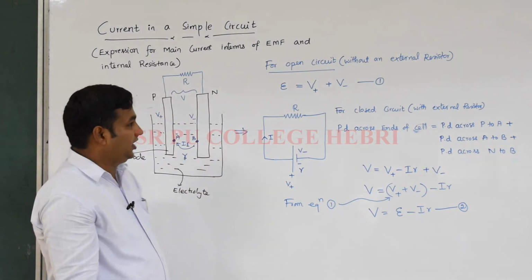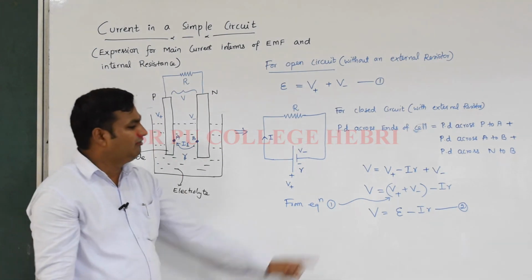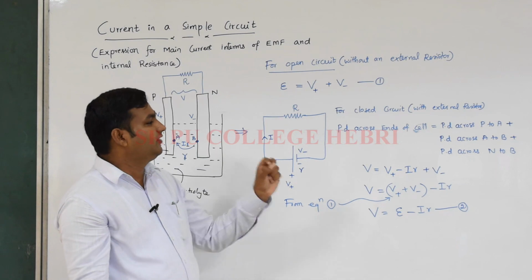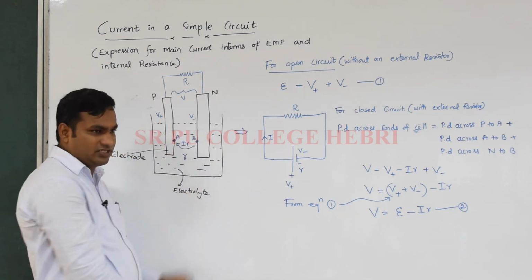Next important thing, in the same format, I clearly said V is called the potential difference across the ends of a cell.